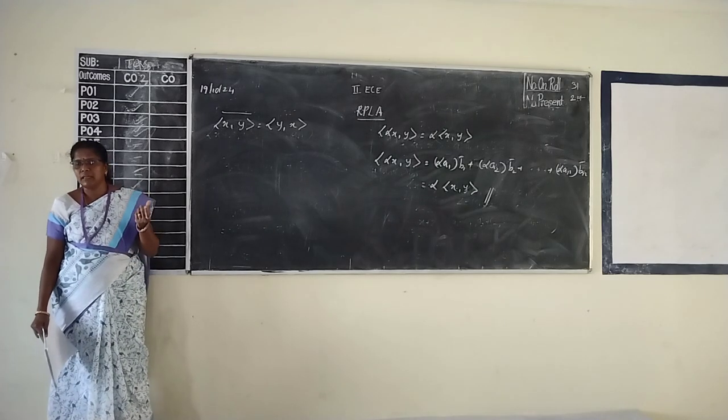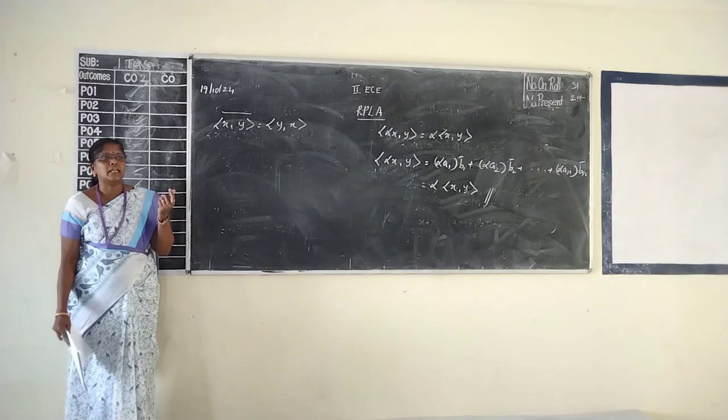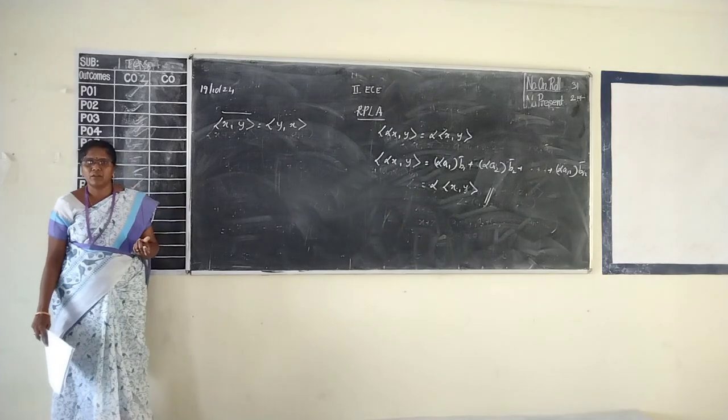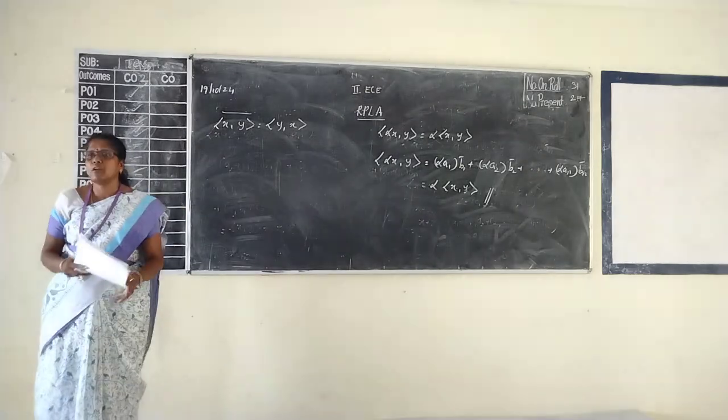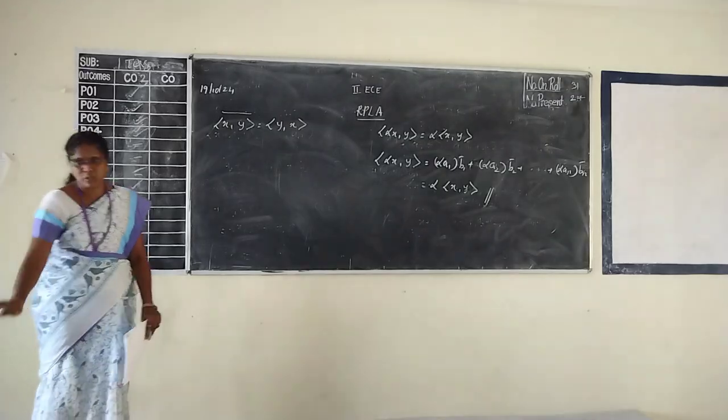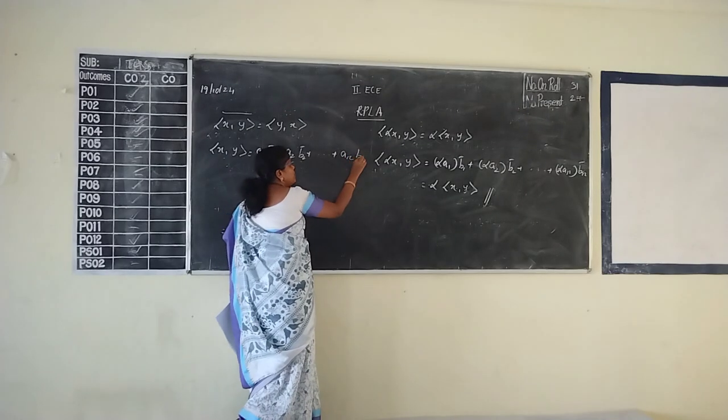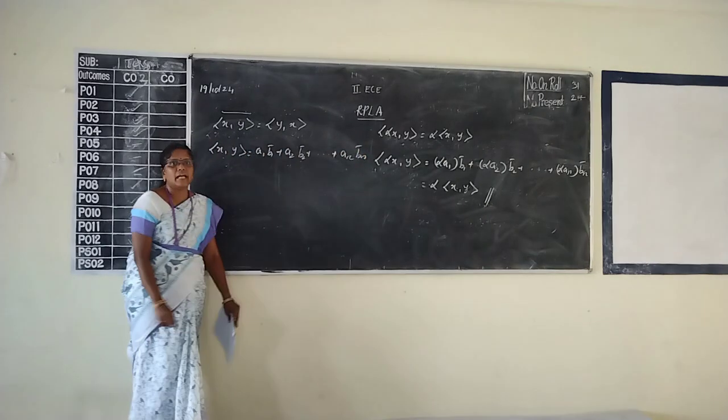You write that part and apply the conjugate. So start. Inner product of x comma y equals A1 B1 bar plus A2 B2 bar plus etc., An Bn bar. We are writing the definition.